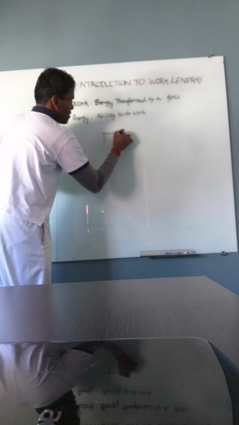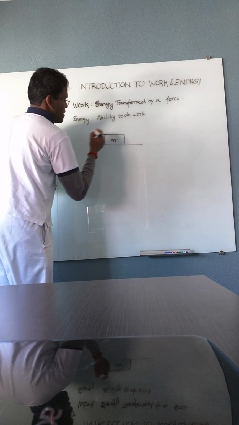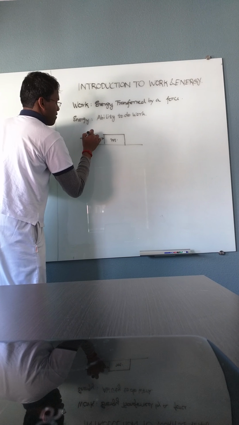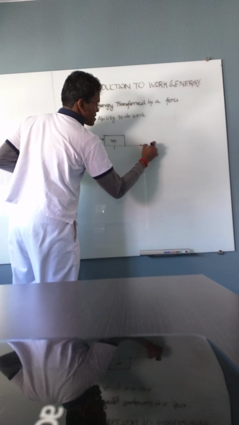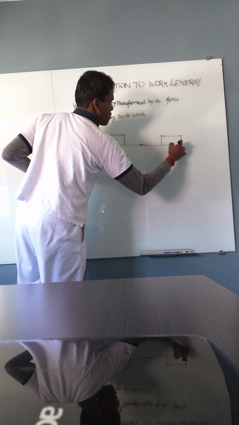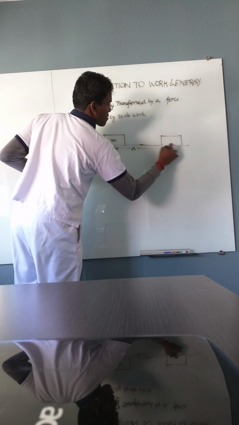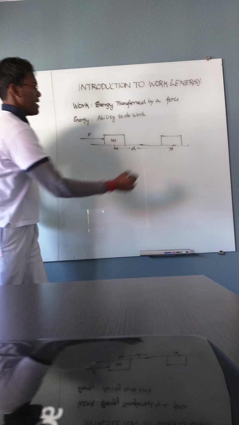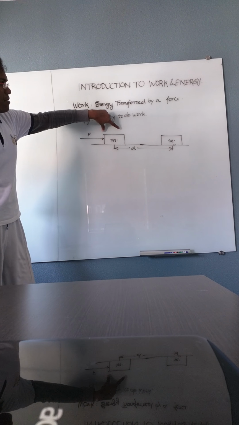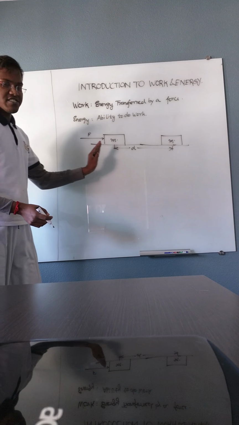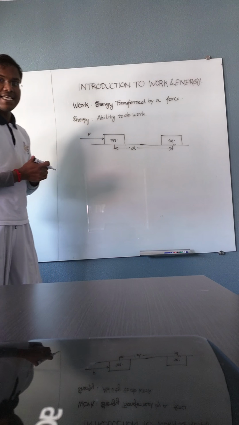So suppose we have a body of mass m, and we are applying a force F, and when we apply the force F, the body gets displaced, say by a distance of d meters. Let us mark d on our diagram here, and the body is here. When force is applied, the mass, which is initially at rest, accelerates, and suppose it has moved a distance d.